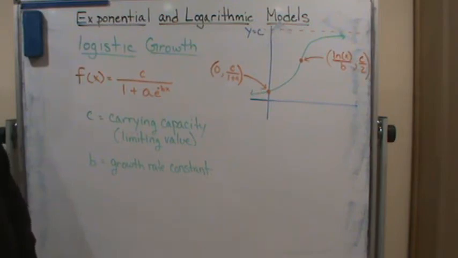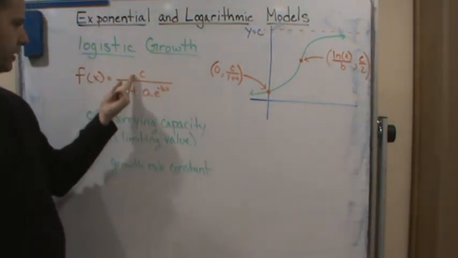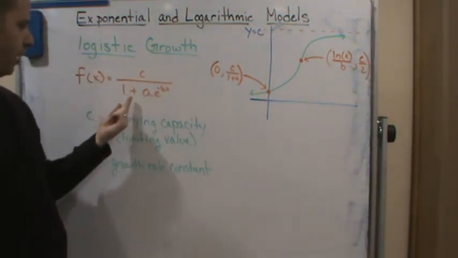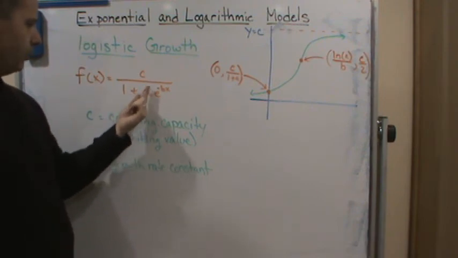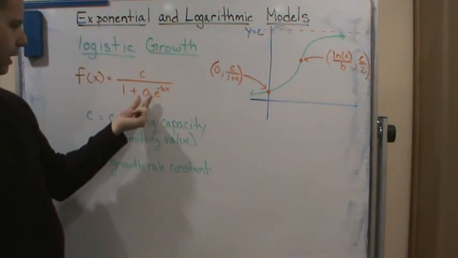And that's the logistic model. And here's the function, right? So here's the model. It's the carrying capacity divided by 1 plus A, which is the initial amount here.